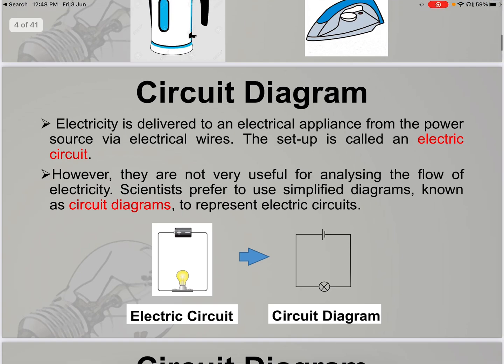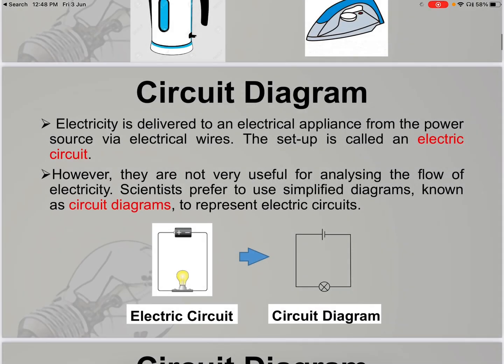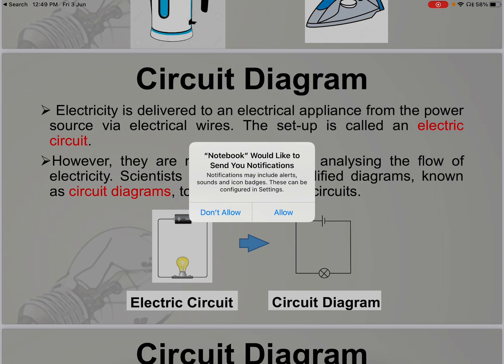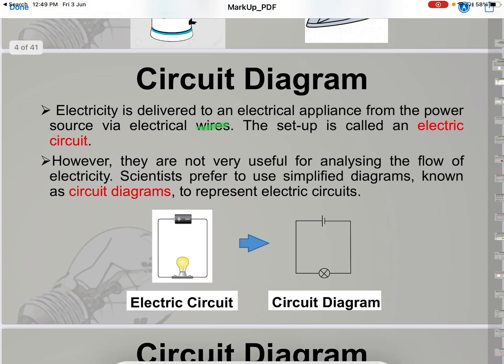Okay, so when we look at a circuit diagram, we are basically just copying and pasting a real electrical circuit into a circuit diagram. Okay, so electricity will flow and will be delivered to an electrical appliance from a power source, and this is actually conducted via electrical wires, right?